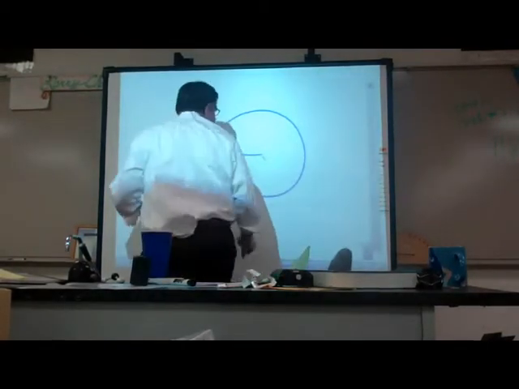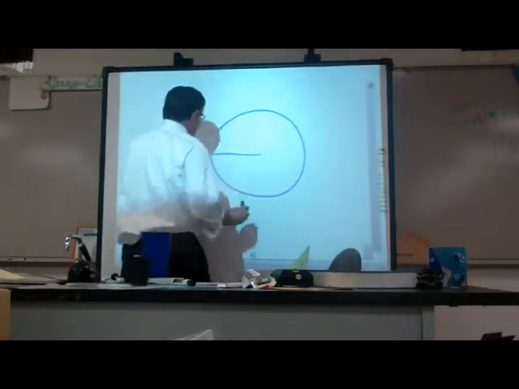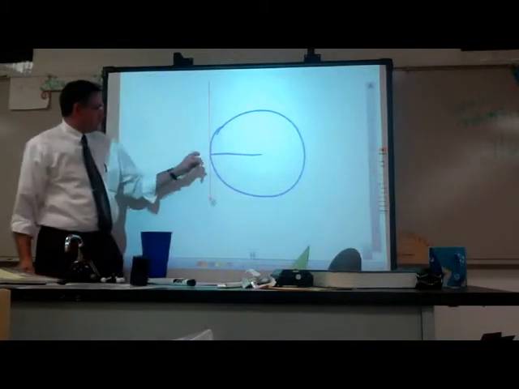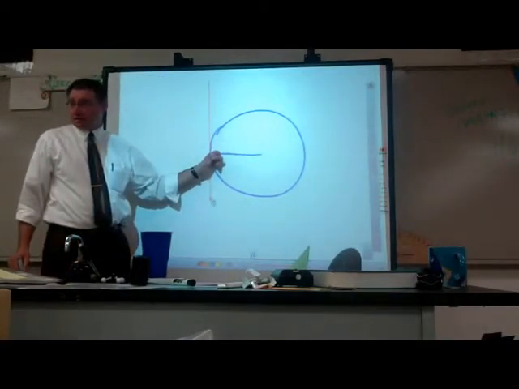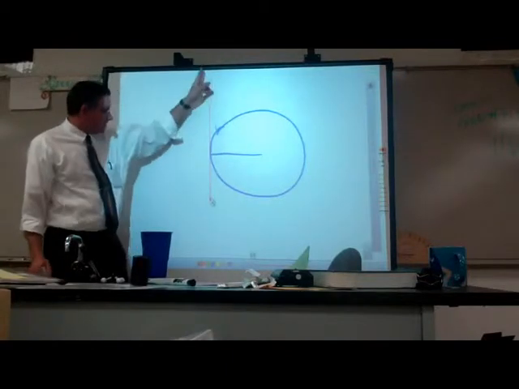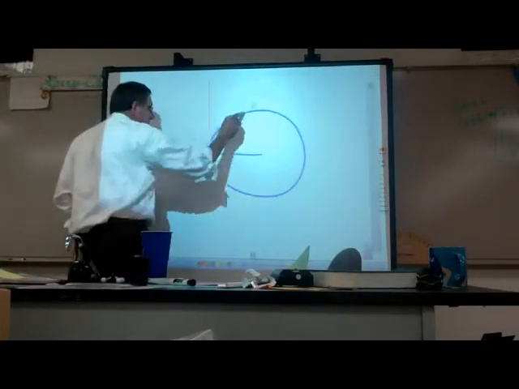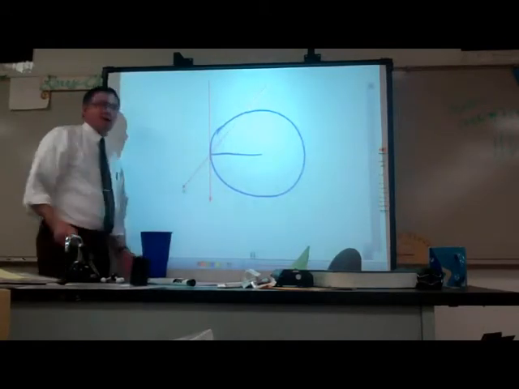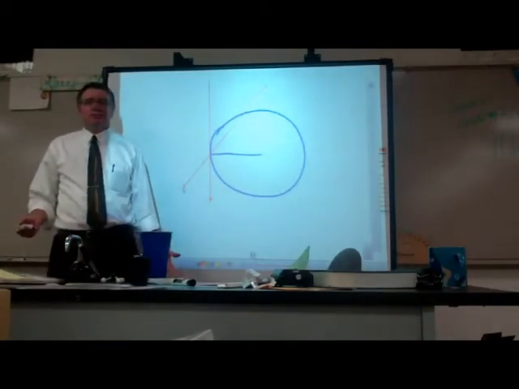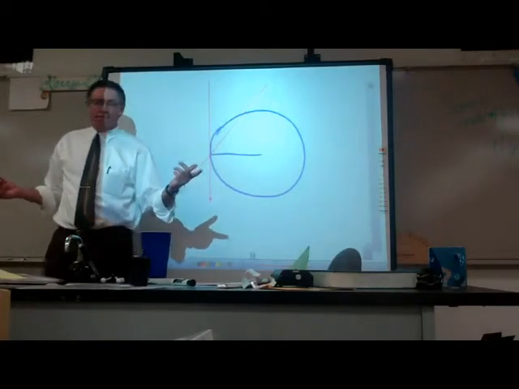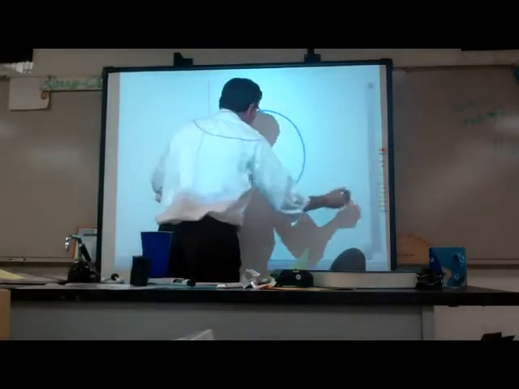So if I were to come in here and draw a line like this, this would form a right angle to that radius, and it would only touch the circle at one point. Because if I try to draw my tangent line like that, what's wrong? Yeah, it goes through two different points. Bad. Okay? So we'll make that one go away.